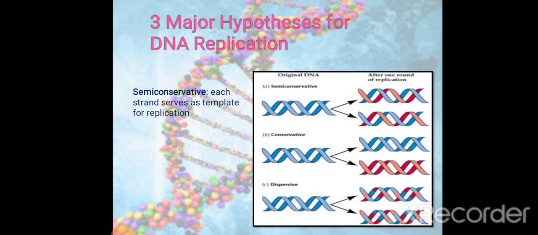The first one is the semi-conservative hypothesis. According to this hypothesis, when one parental DNA synthesizes two daughter DNA molecules, firstly the two strands of the DNA separate, and each parental strand acts as a template on which its complementary strand is synthesized. That means within each of the two synthesized DNA molecules, one strand is completely the parental strand and the other is the newly synthesized strand.